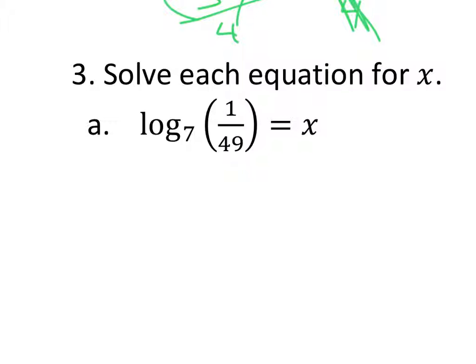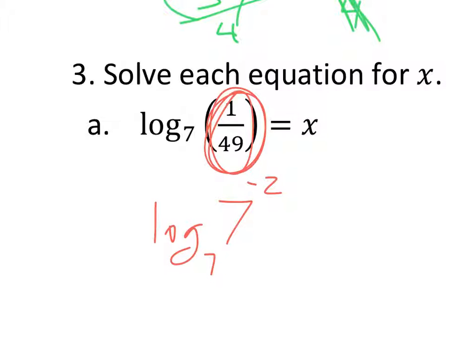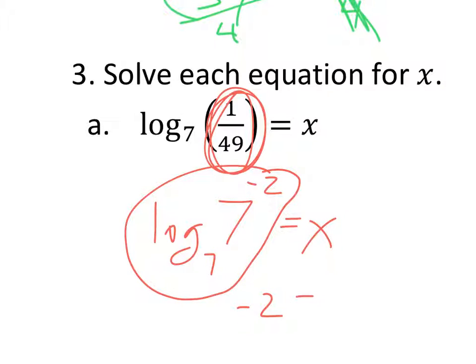So let's simplify this by replacing that with 7 to the... Come on, you can do this. 7 to the -2. Very good. Then our problem is log base 7 of 7 to the -2. And why is that good? Because it's much more simple to say -2 equals x. There, it's solved. Simplify, rewrite, solve.